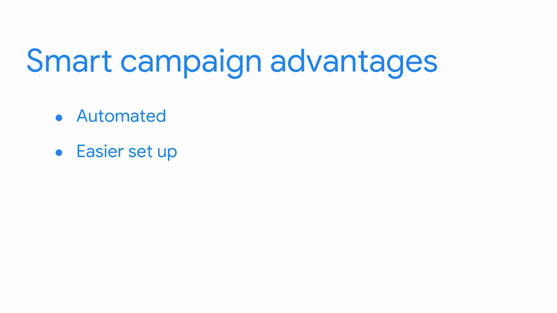Lastly, smart campaigns save money. Remember when we learned that all Google campaigns run using a PPC or pay-per-click model? While regular campaigns rely on you to determine the best budget strategies, smart campaigns use detailed analytics and data to determine the highest conversion rate.